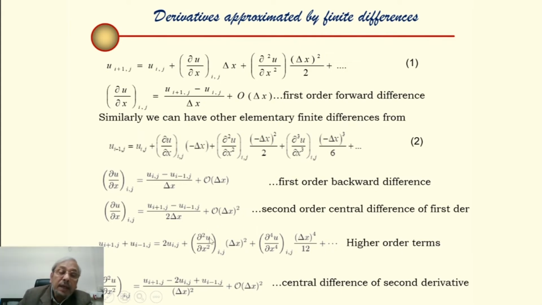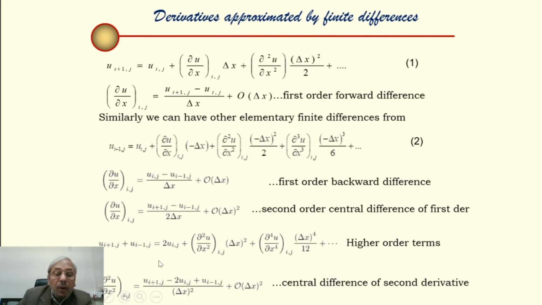From here del 2u/del x2 we can write as (u_i+1,j minus twice u_ij plus u_i-1,j) by delta x square, and remaining higher order terms, where the highest term of the truncated series is of the order of delta x square.